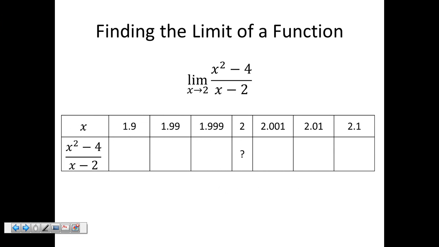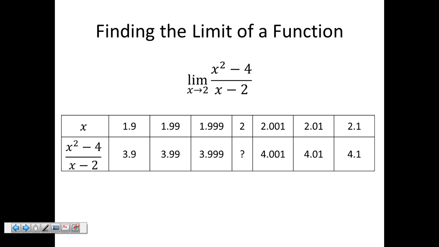Now, in this one, x squared minus 4 over x minus 2, I absolutely can't plug in that 2. I would get 0 on the bottom of a fraction. But I want to take a look at where these numbers are taking me. What are they leading me up to as I approach from the left and from the right? There's a little key on what we're going to be looking at with left side and right side functions.